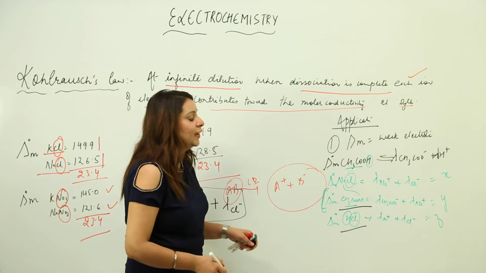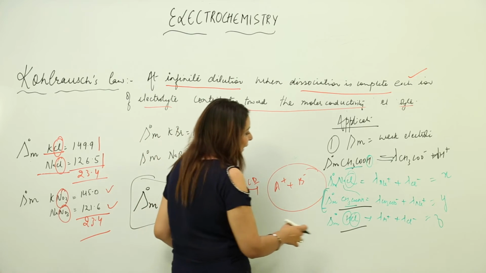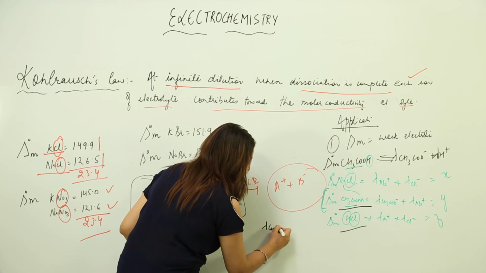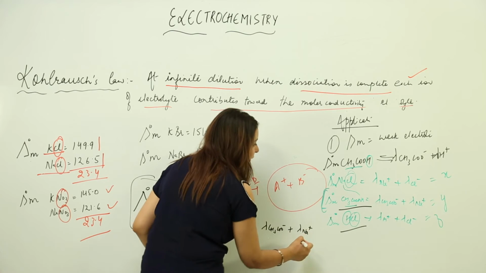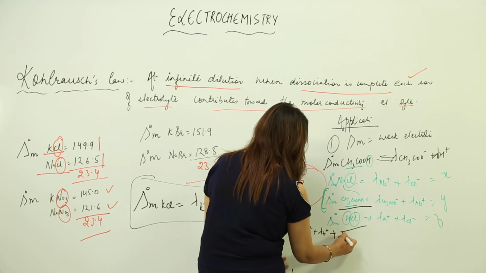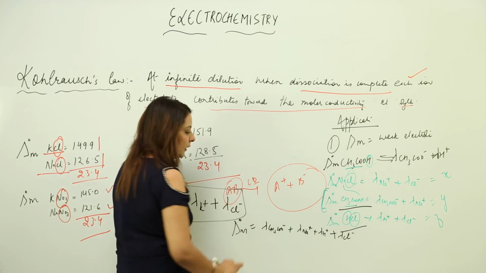So what we are going to do is add up the uncommon data. By adding the uncommon data, what do we get? We get lambda CH3COO negative, plus lambda Na positive, then plus lambda H positive, then plus lambda Cl negative. We are calculating the molar conductivity, right.